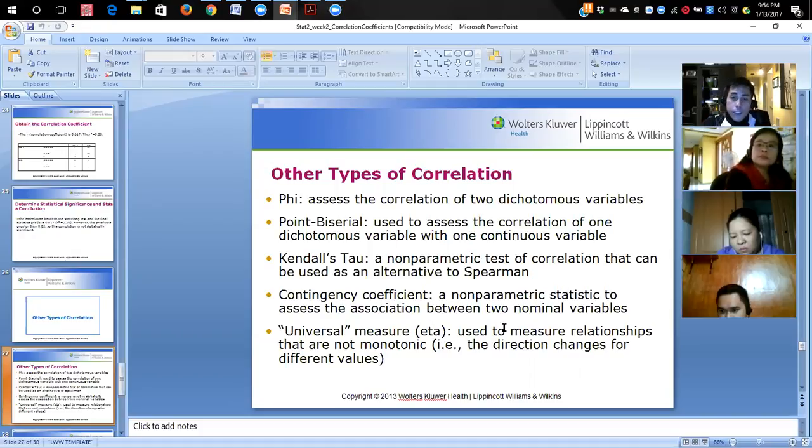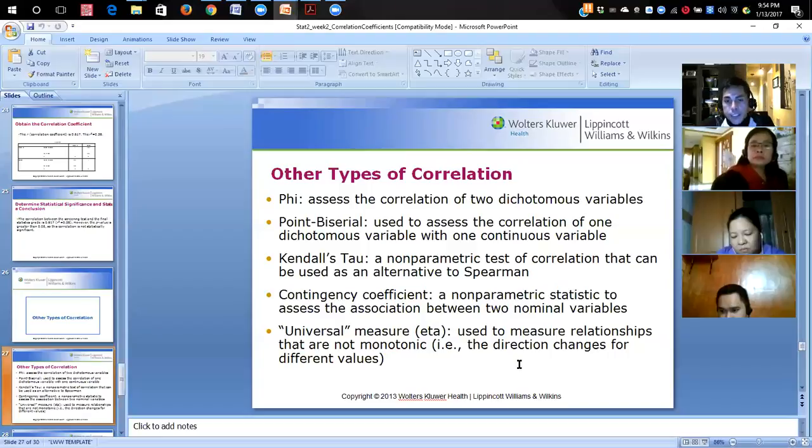And of course, you have your correlation coefficients, which is the commonly used, the Pearson or the Spearman. The universal measure ETA is used to measure relationships that are not monotonic. That is, the direction changes for different values.